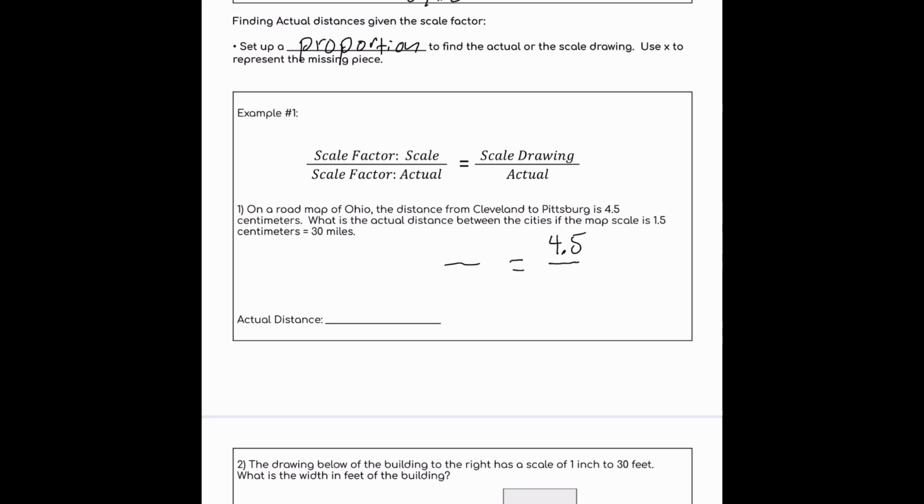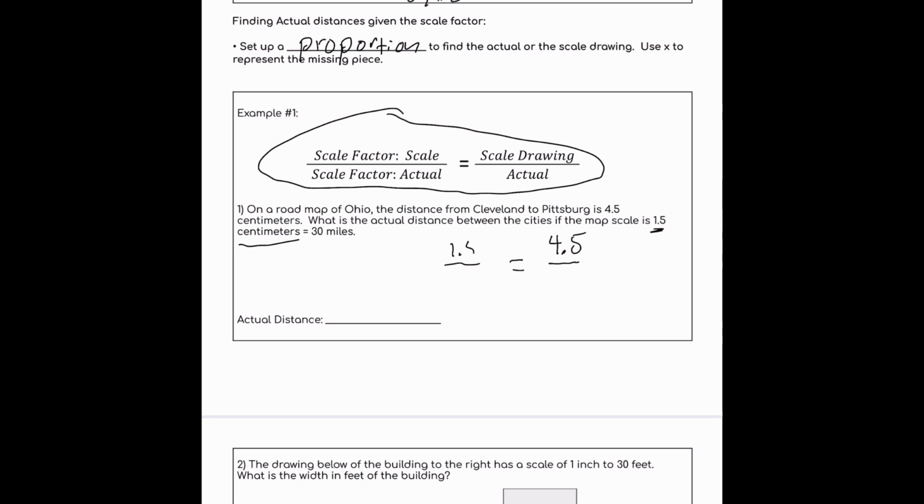What is the actual distance between the cities if the map scale is 1.5 centimeters equals 30 miles? If I'm using this proportion formula, it says on the left side, scale factor scale, and scale factor actual. So the scale factor scale is 1.5 centimeters.